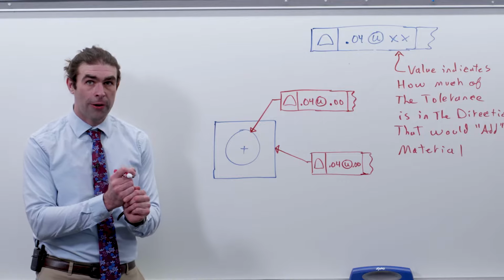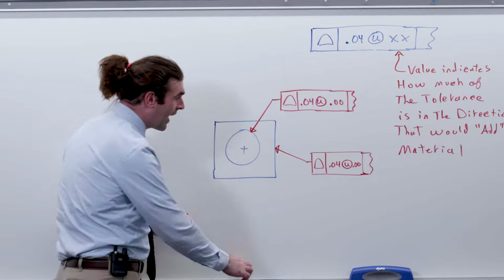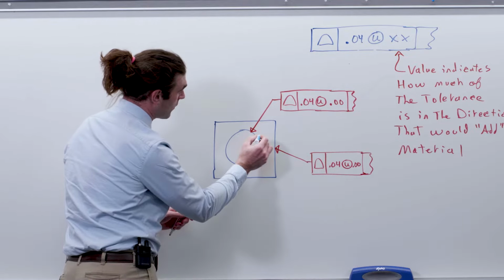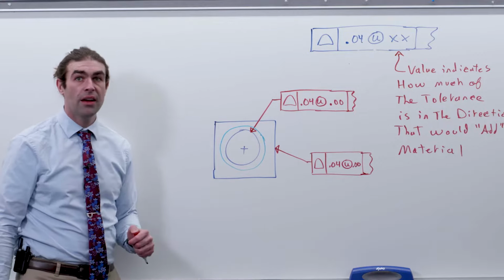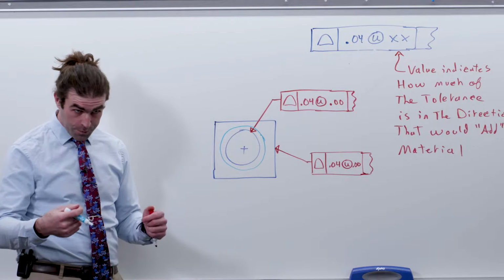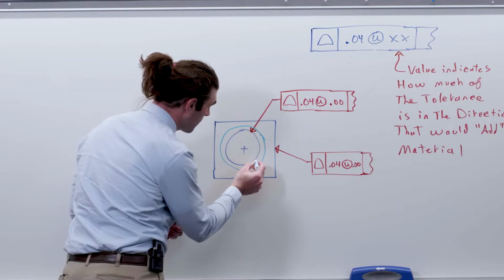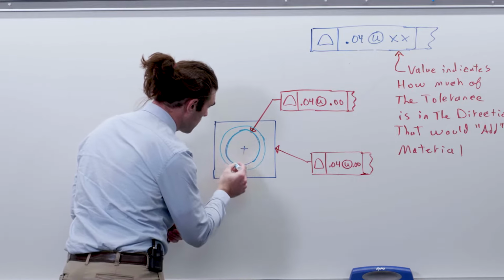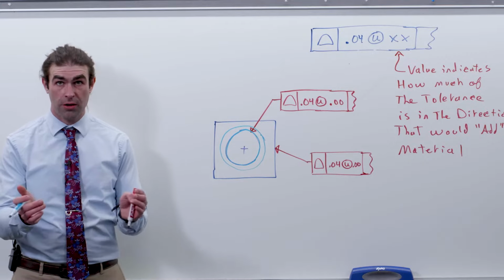Making the hole smaller. That's saying 0 is in that direction. So the entire 40 thousandths tolerance zone is inside of the true profile as indicated by basic dimensions. In this case, the hole could only get bigger.